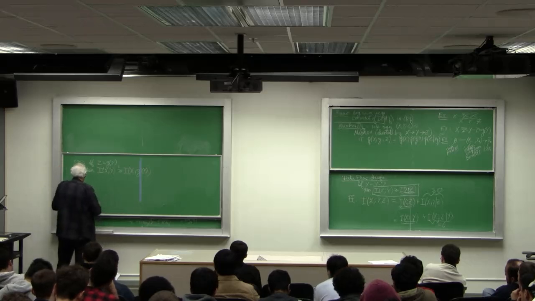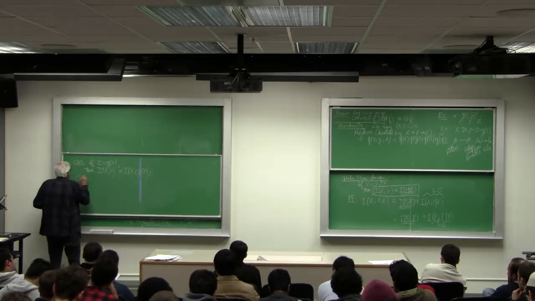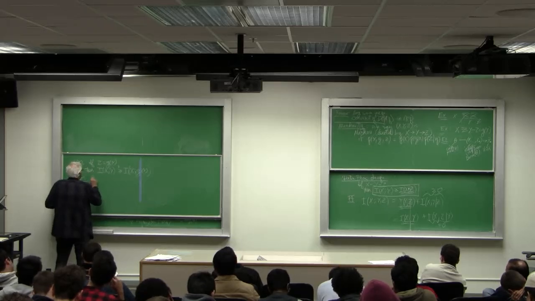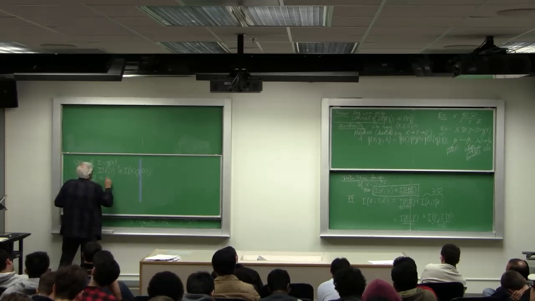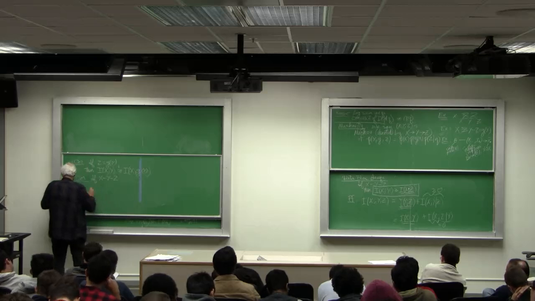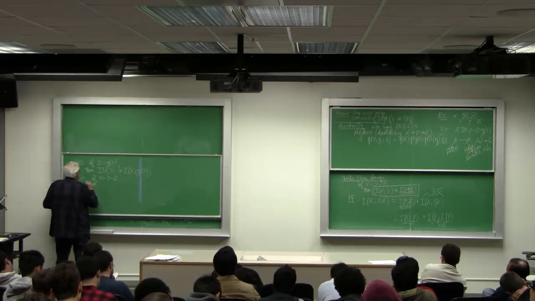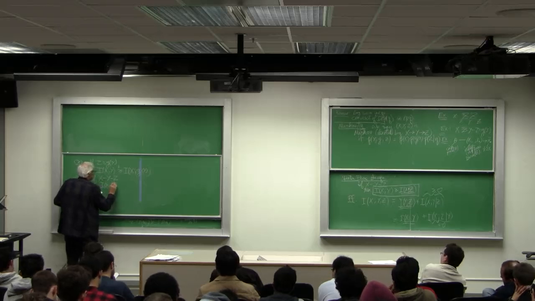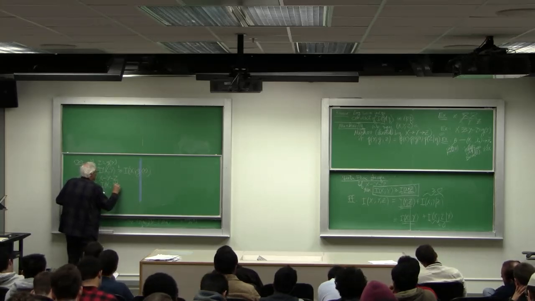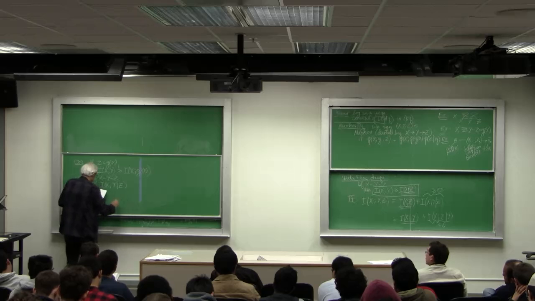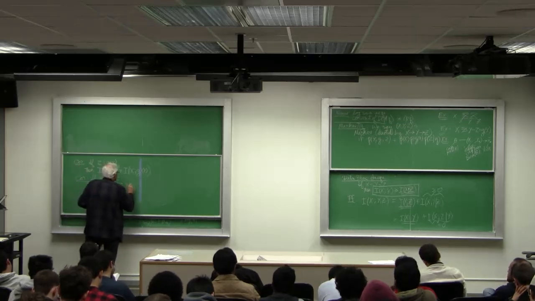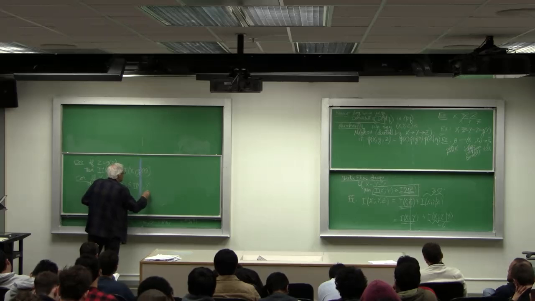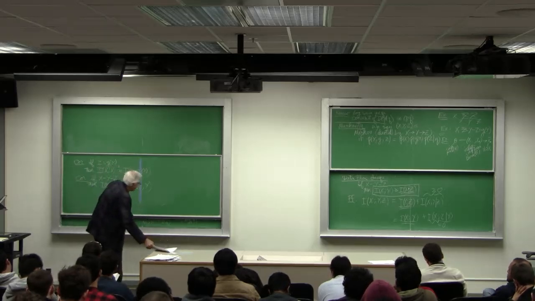All right. And here's another corollary. If X, Y, Z forms a Markov chain, then the mutual information between X and Y given Z is less than I of X;Y. What does that mean?